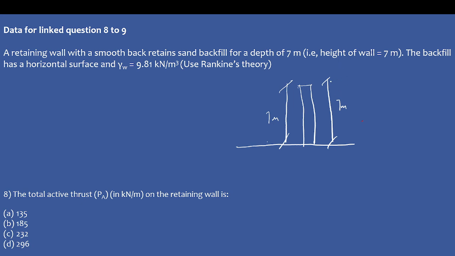The backfill has a horizontal surface, and your gamma is equal to 9.81 kilonewton per meter cube. Then you need to use the Rankine theory to calculate the total active earth pressure. So how much is your total active earth pressure thrust?